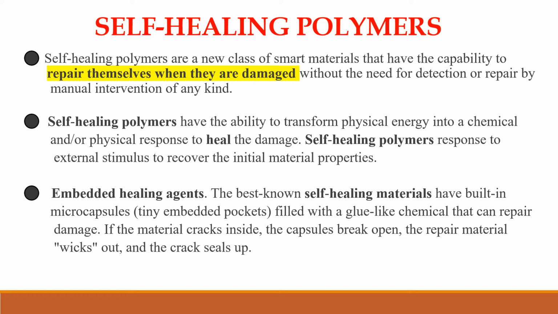In self-healing polymers, they have embedded healing agents. The best known self-healing materials have built-in microcapsules or fillers, like glue-like chemicals that can repair the damage. They are called embedded healing agents.